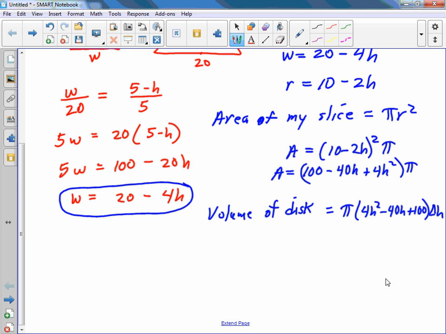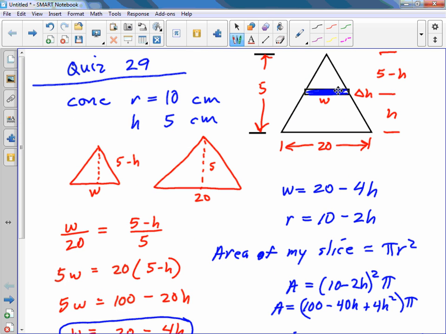So now let's think of this in terms of the volume of the cone. So now I'm taking this and integrating it from 0 to 5, and it gets smaller and smaller and smaller.